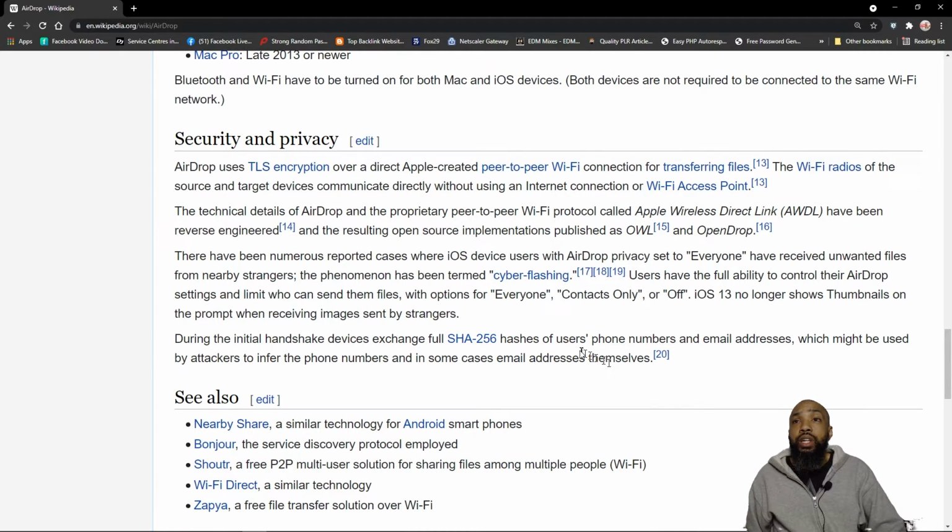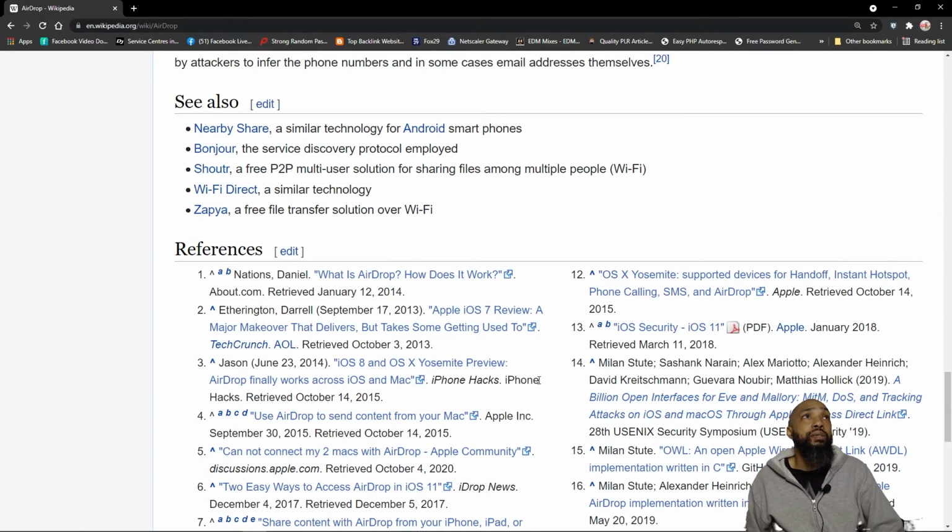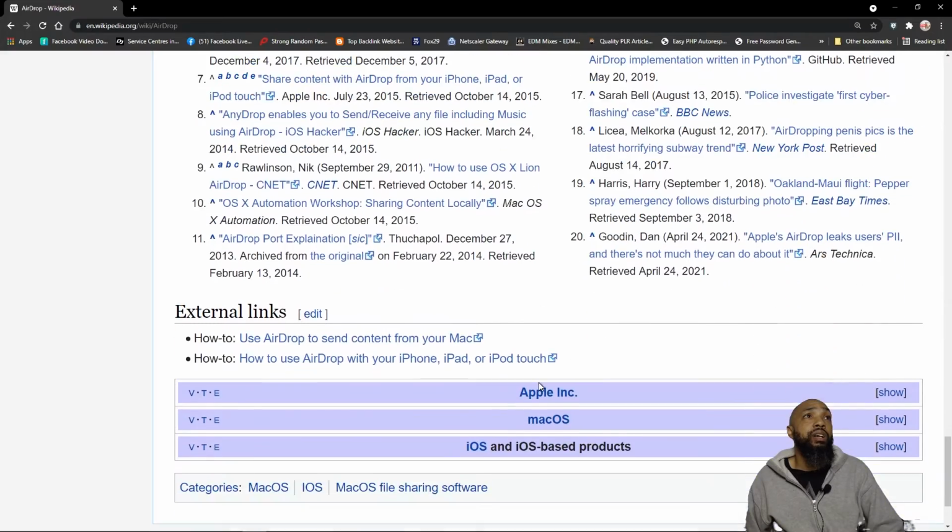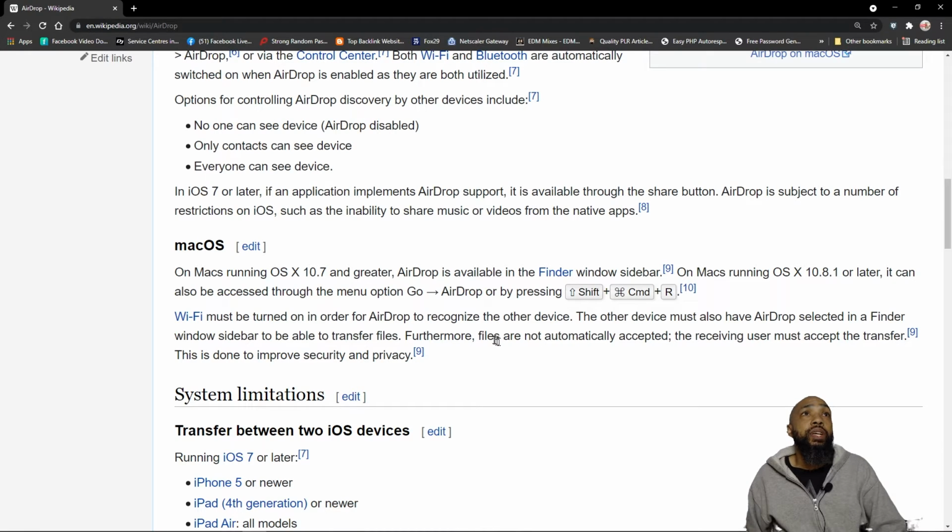So there's a lot of malicious intent possibilities here. Files are not automatically accepted, thus the receiving user must accept the transfer. This is done to improve security and privacy.